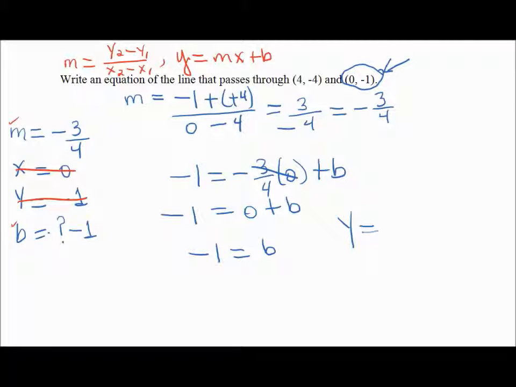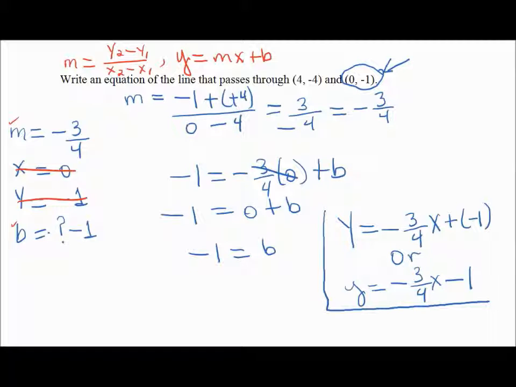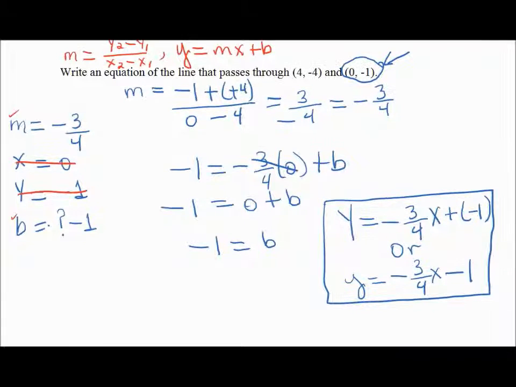So this becomes y equals -3 over 4 x plus a -1, or you can write it as y equals -3 over 4 x minus 1. They both mean the exact same thing. Now once again, if you've made a mistake, go back and check your answers. Okay?